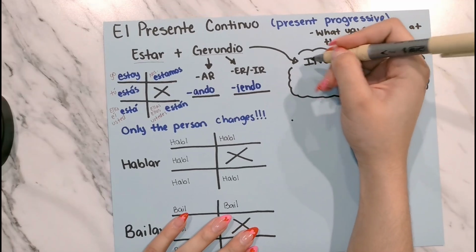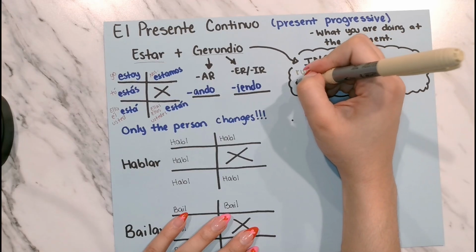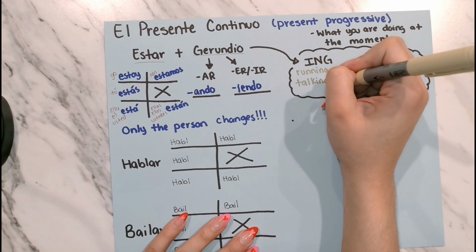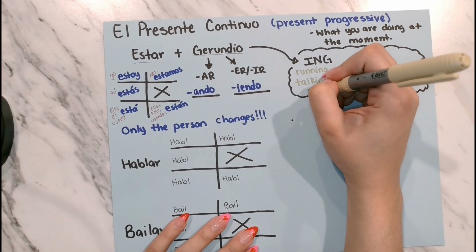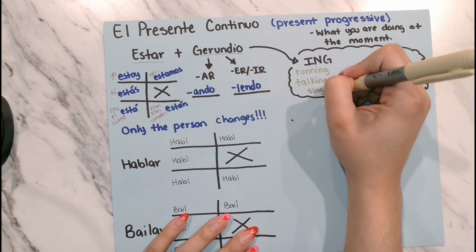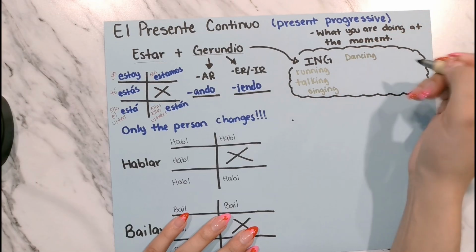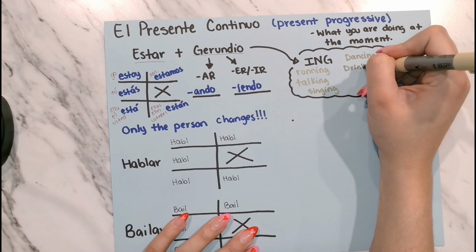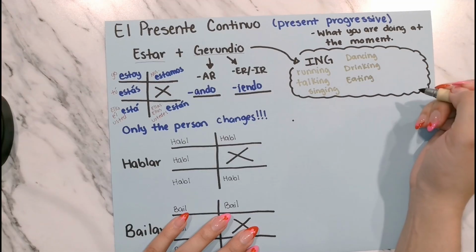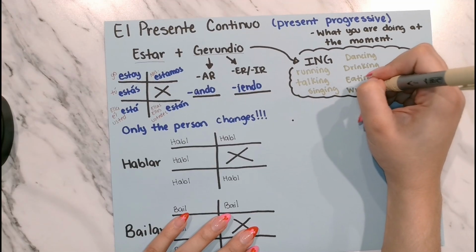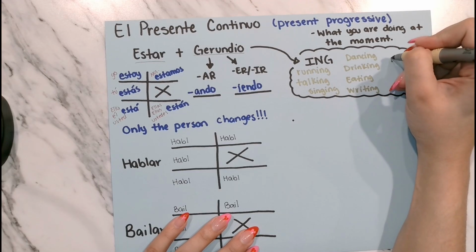For example, we have running, talking, singing, dancing, drinking, eating, writing, asking.